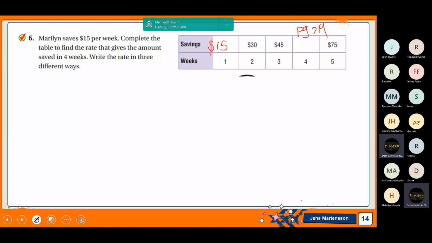Now, you will say $15 per 1 week. Per 2 weeks, what do you have to do? You multiply up and down by 2. So it will be $30.